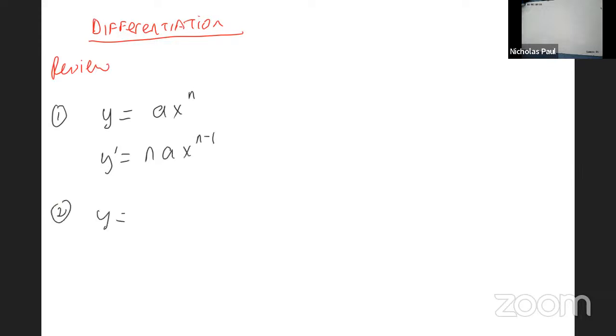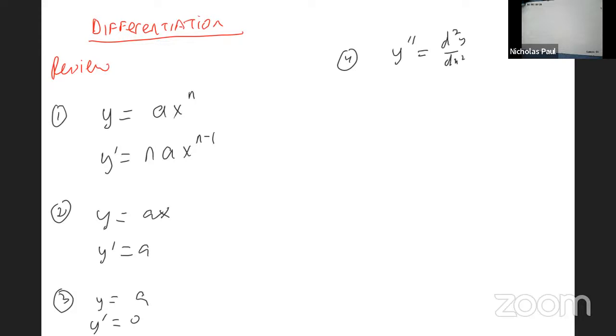The differential of ax is simply a. The differential of a is simply 0. We should also remember that the second differential, which is d2y/dx squared, is equal to the differential of dy/dx. So it's like you differentiate twice.